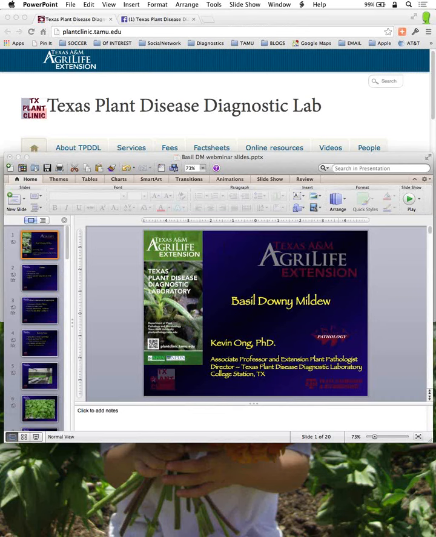I was visiting a retail nursery, right after I learned about this Basil downy mildew last year. I said, can I take a look at your basil plants? I asked them to bring me some of the bad-looking plants.